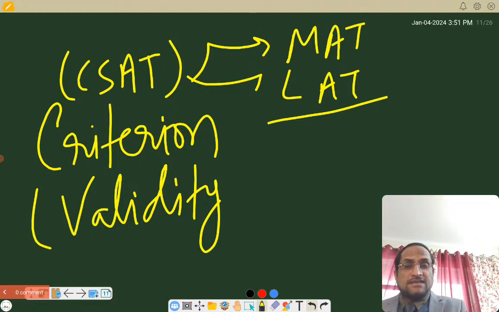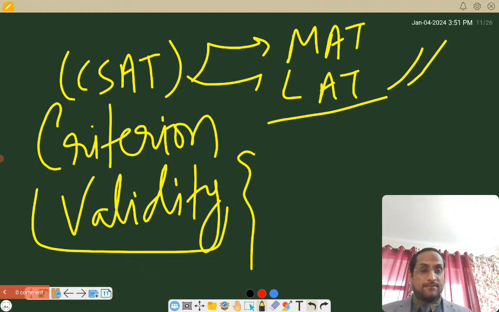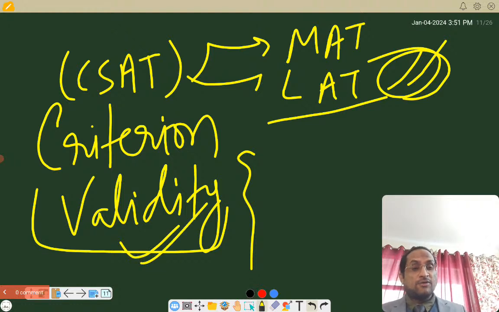Then suppose when we say a civil services aptitude test, which is not only limited to leadership and management, because it is also about risk management aptitude test. So how you will evaluate the risk management aptitude? If there is no test available for checking the risk management, then you will decide based on this test what is your risk management ability. So that will be your predictive validity.